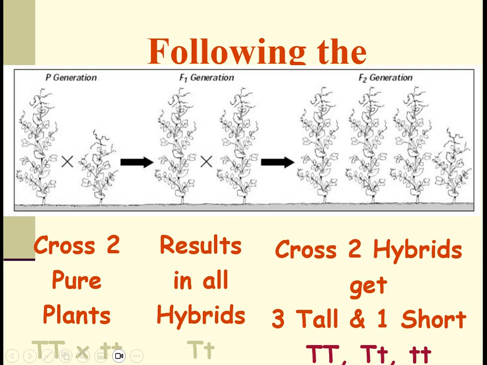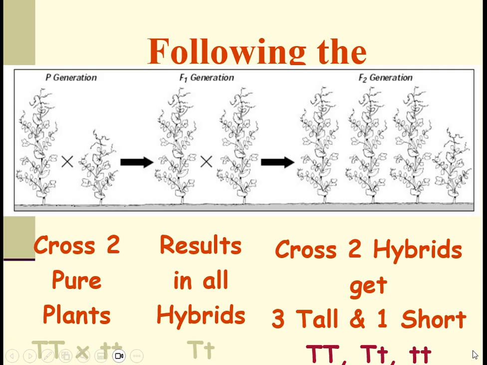And if he crossed the hybrids, that is, if he self-crossed the heterozygous plants, then you will get three tall plants and one short plant.